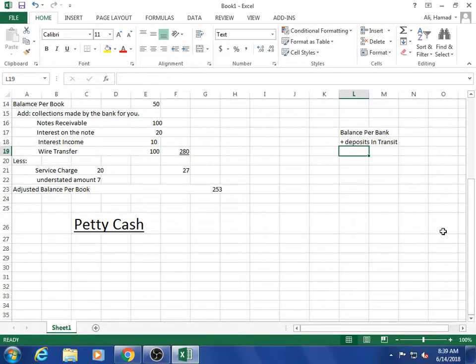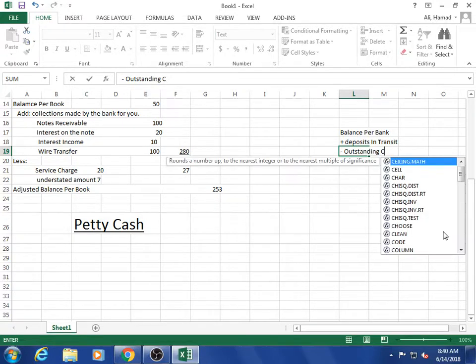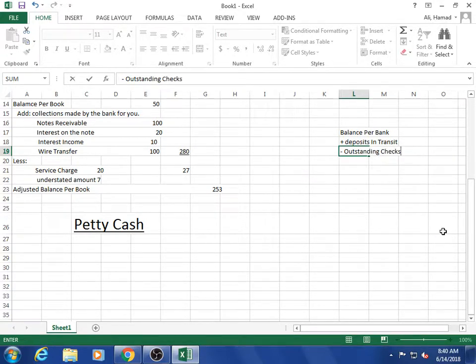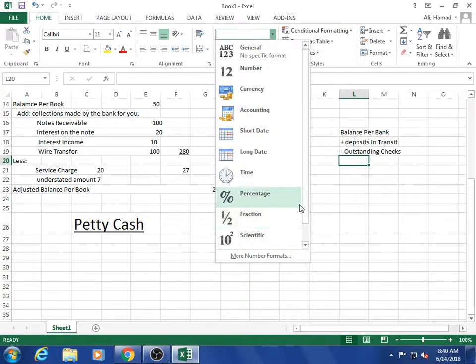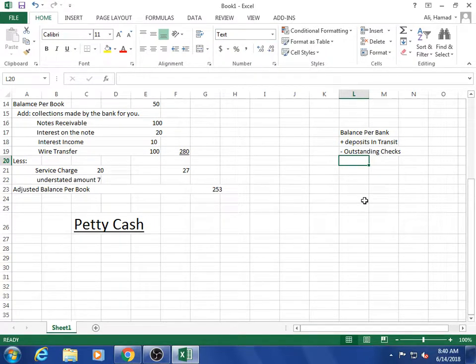Minus outstanding checks. That gives us the adjusted bank balance, so let me put in here also a text, equal adjusted balance per bank.